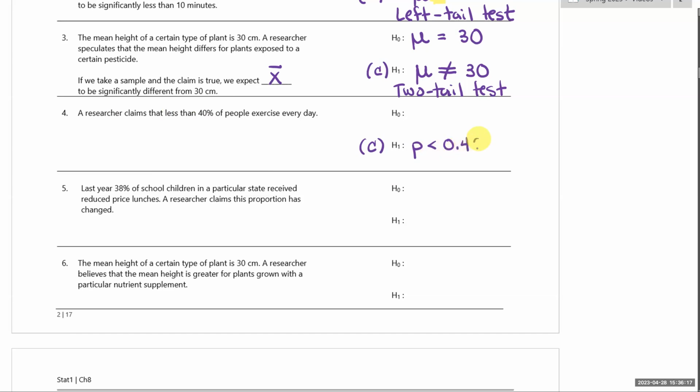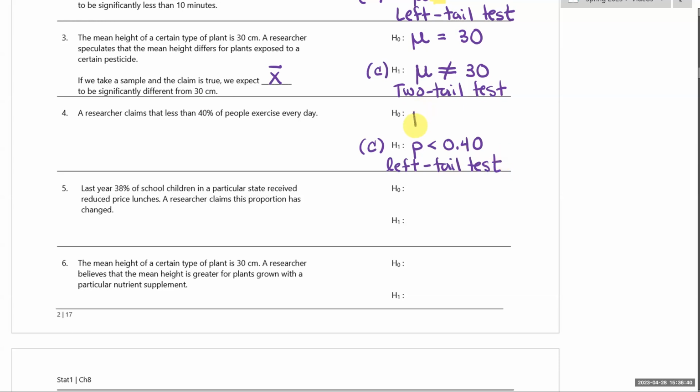So if they think it's smaller than 40%, then we expect our study to result in sample proportions to the left of 40%. So numbers smaller than 40% are to its left. That's why it's called a left tail test. And we'll be drawing graphs of all this shortly.